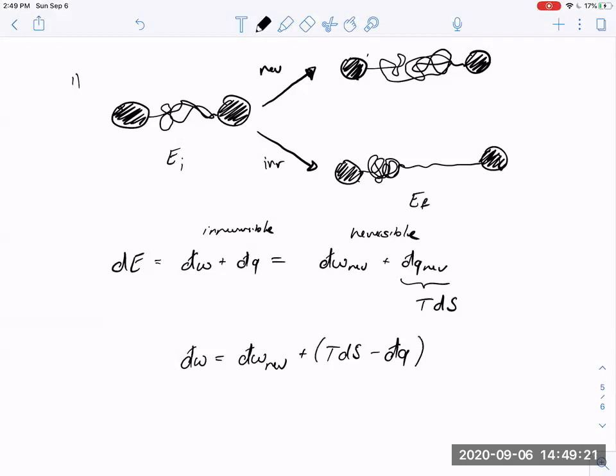Now this quantity is precisely what Clausius said was greater than or equal to 0.